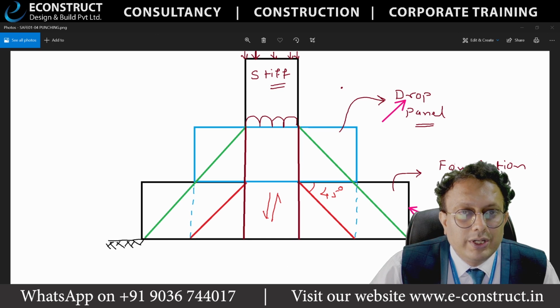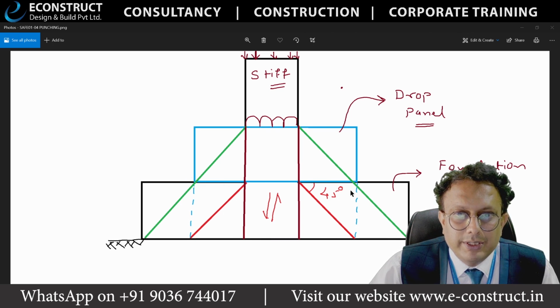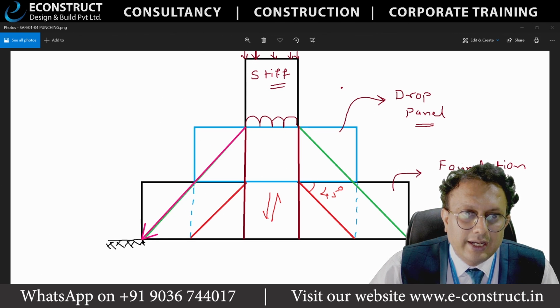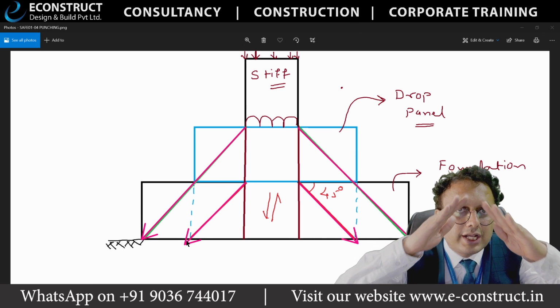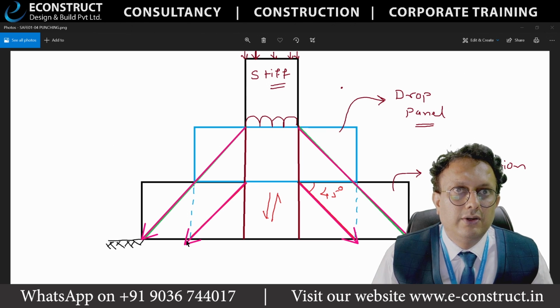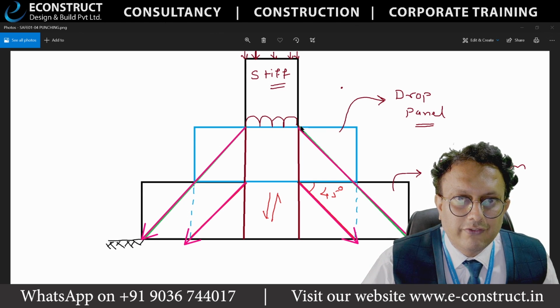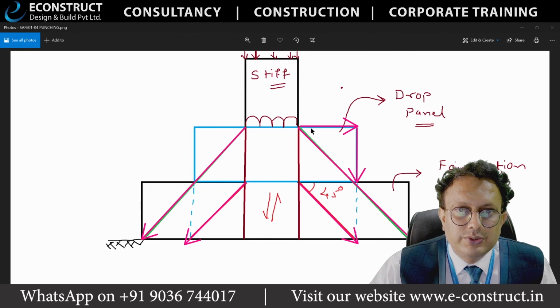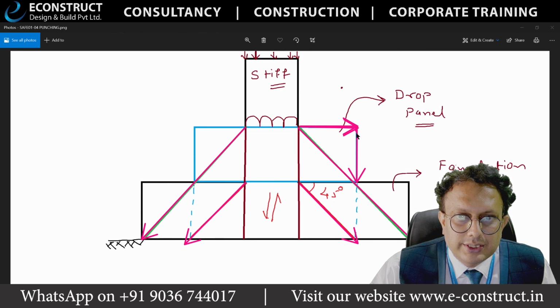Got it? Generally the dimension needs to be done in such a way that it is always a 45-degree angle. This angle is always 45 degrees for the load transmission. It means, when it is a 45-degree angle, this is an equilateral triangle, do you agree?